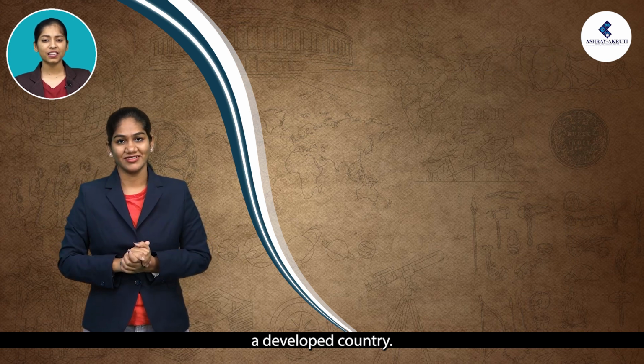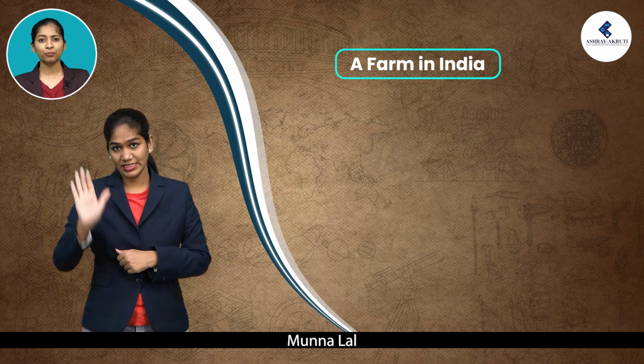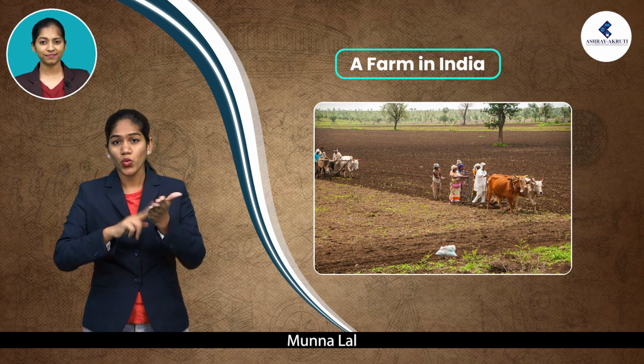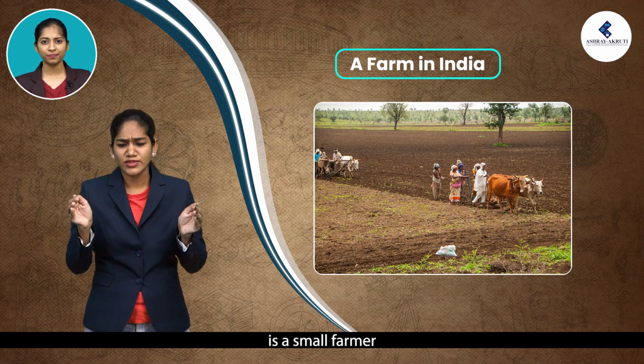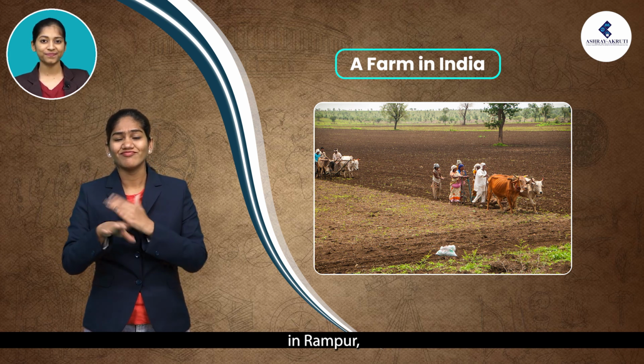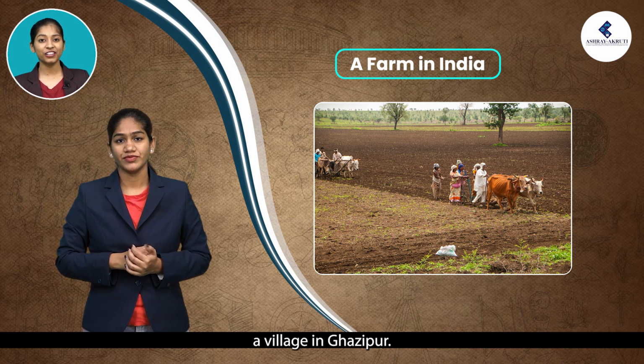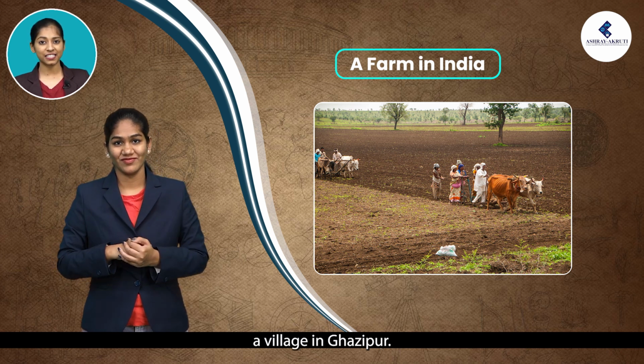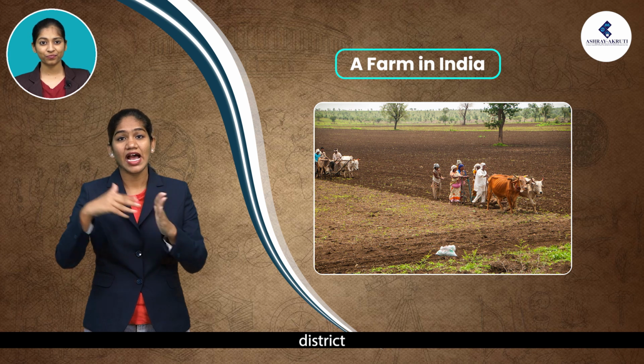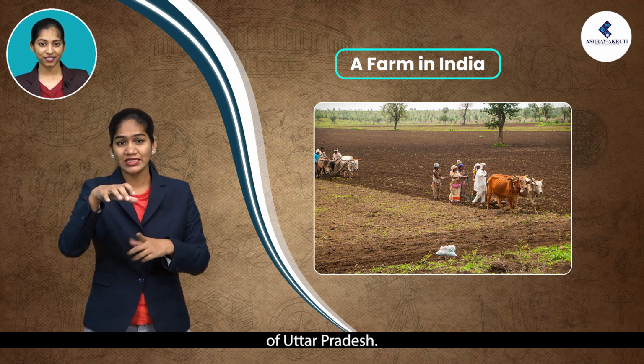The ultimate aim of agricultural development is to increase food security. With the help of two case studies of farms, one from India and the other from USA, let us understand about agriculture in a developing and a developed country. A farm in India. Munna Lal is a small farmer in Rampur, a village in Ghazipur district of Uttar Pradesh.